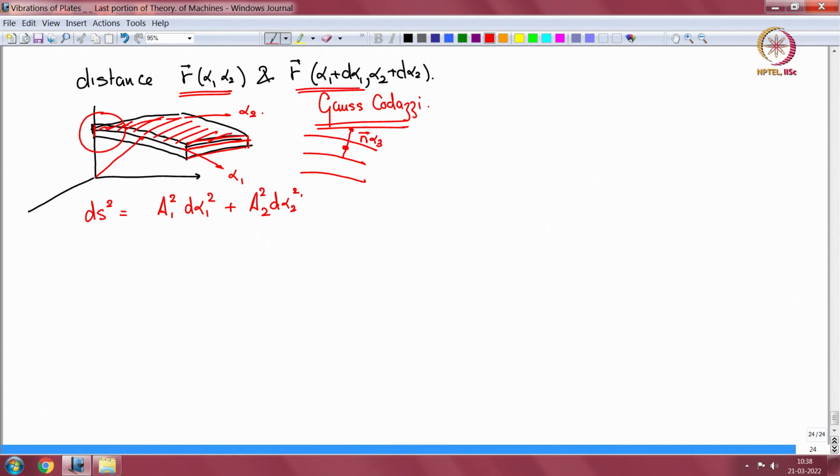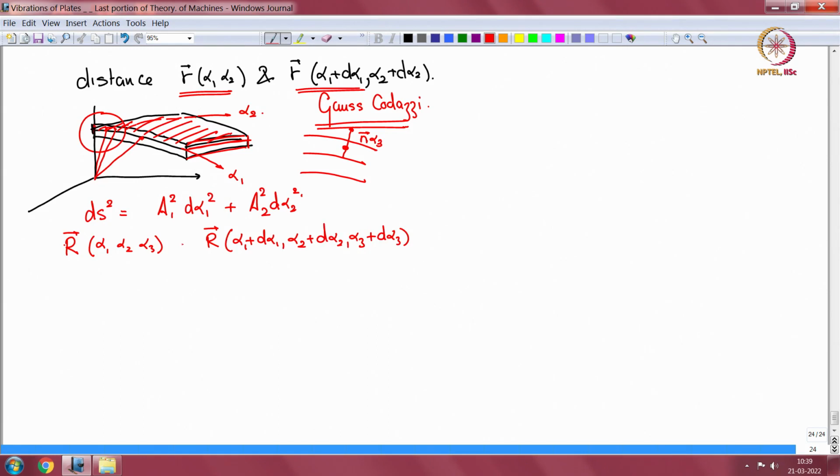Let us say it is there, that point, and another point a differential distance away within the material. So, that means we have a point which is r at alpha 1, alpha 2, alpha 3, and another point r at alpha 1 plus d alpha 1, alpha 2 plus d alpha 2, alpha 3 plus d alpha 3.